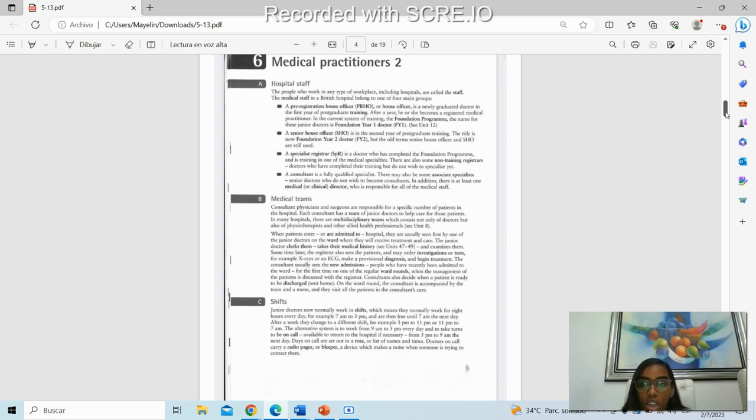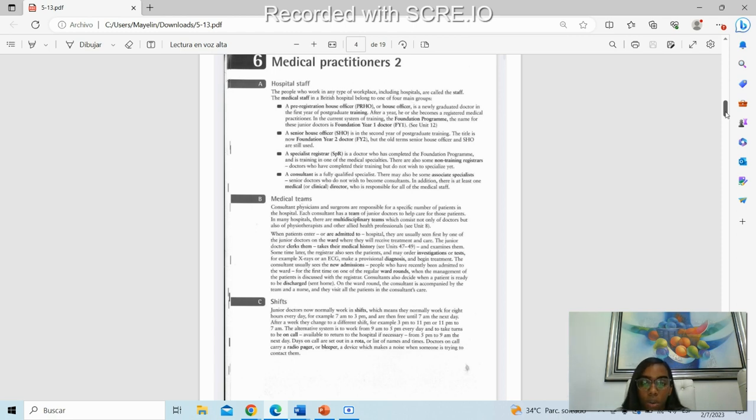The consultant usually sees the new admissions, people who have recently been admitted to the ward, for the first time on the regular ward rounds, when the management of the patient is discussed with the registrar. The consultant also sees patients when the patient is ready to be discharged.